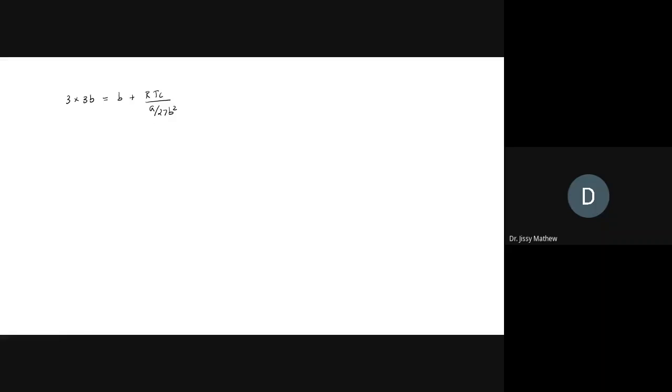When this expression is solved, we get 9b − b = RTc × 27b²/a, or 8b = 27Rb²Tc/a.